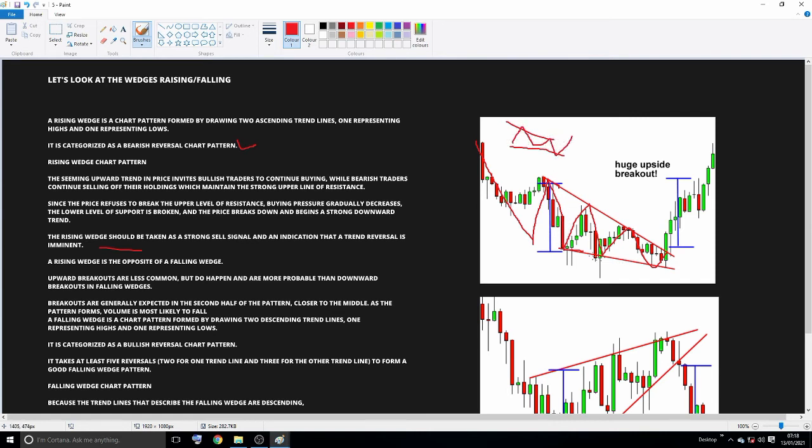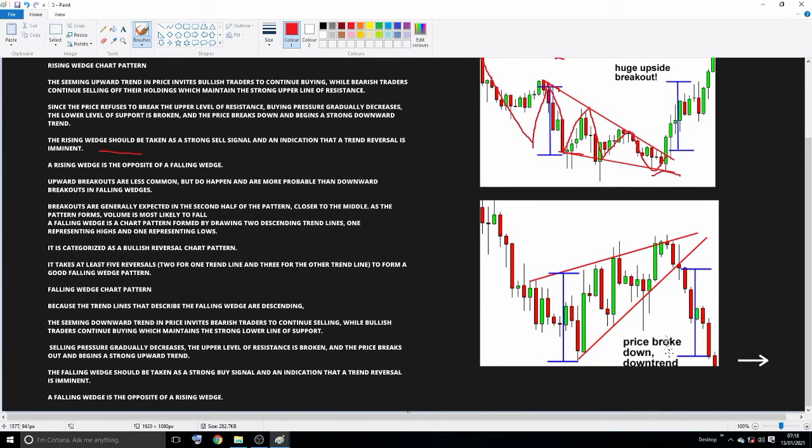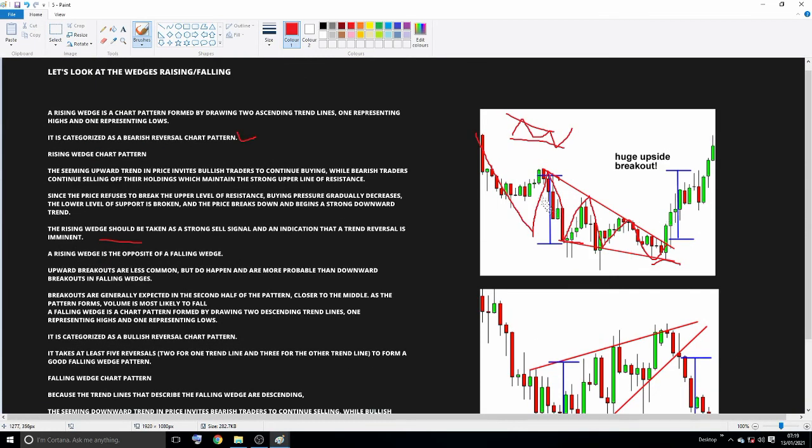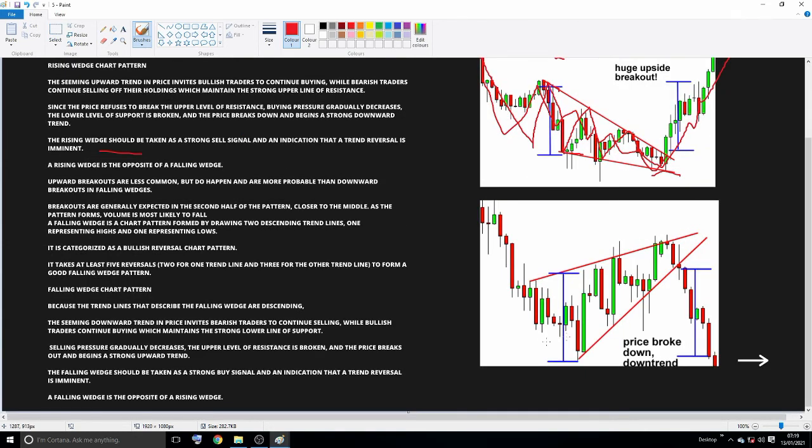and this wedge can break to either side. It can break to the downside, it can break to the upside. So at this point it was a reversal, so we had a downtrend and then it broke and we started to have an uptrend.